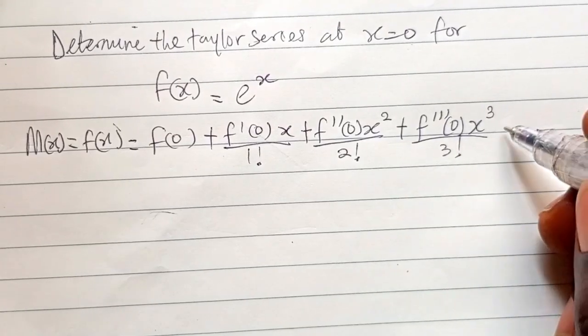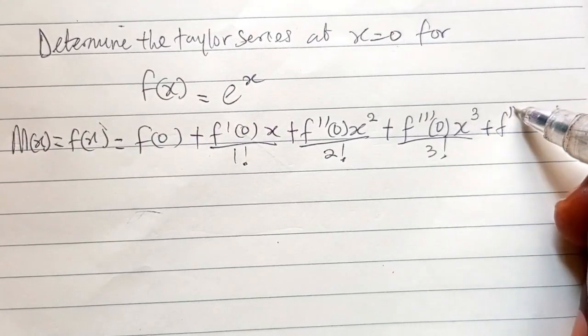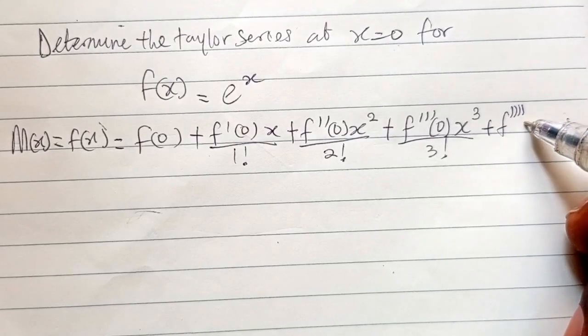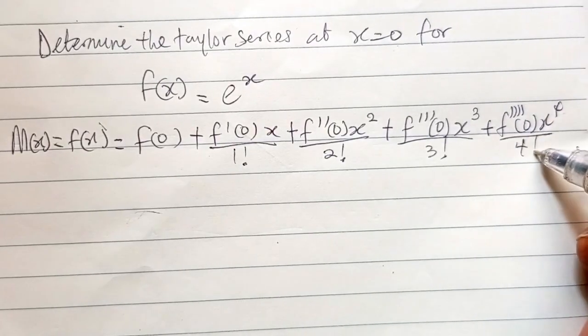Let me just do it 4 times, plus the last one here. This will be f prime prime prime prime, that's 4, of 0, x to the power 4 over 4 factorial.